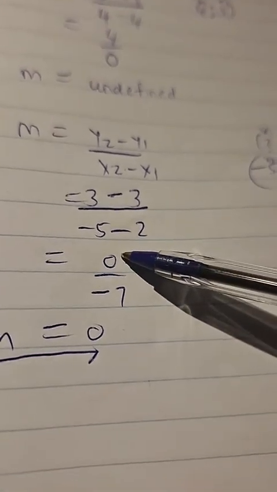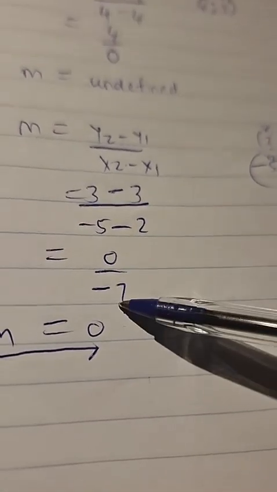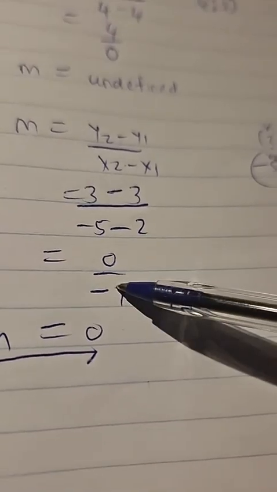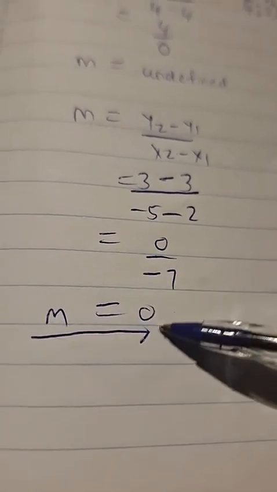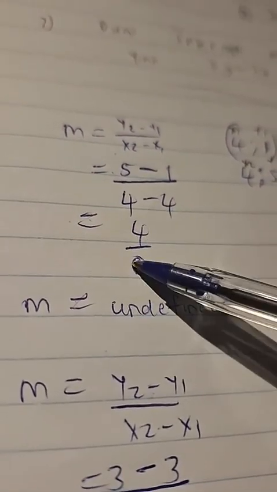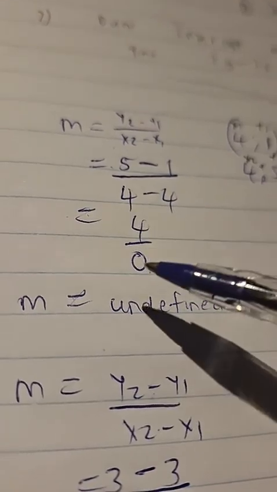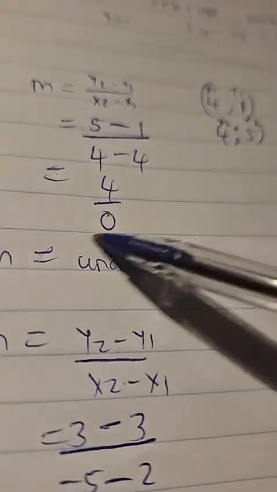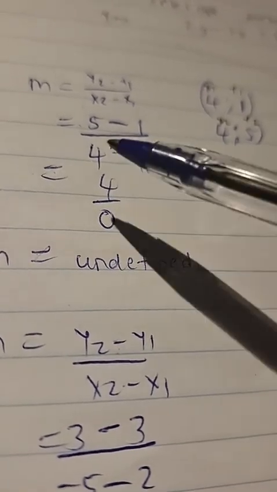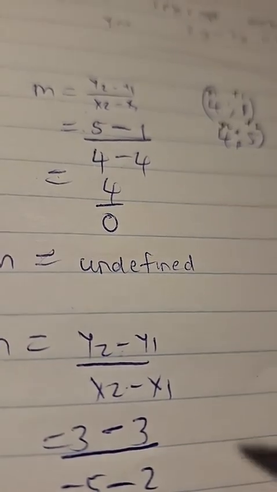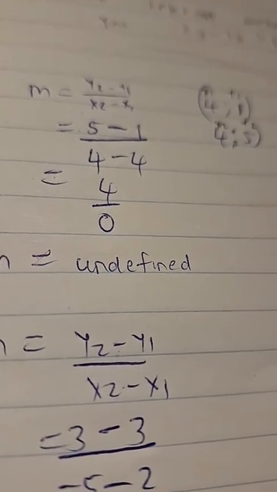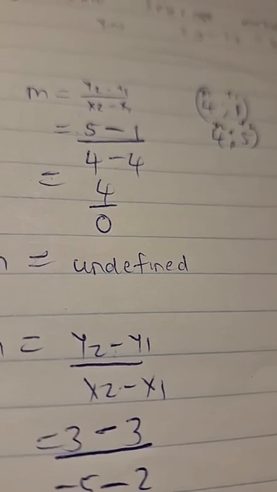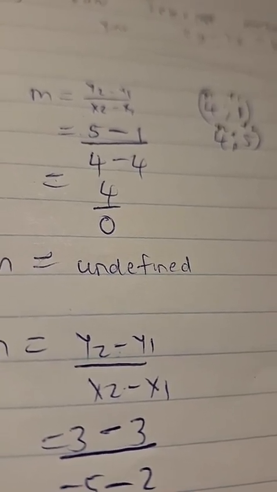What's 0 divided by a number? 0 divided by a number gives us 0. Very different from what we had before, where it was a number divided by 0. That is undefined. The answer there is not 0. Even if you put 4 divided by 0 in your calculator, you are going to get a message that says maths error.